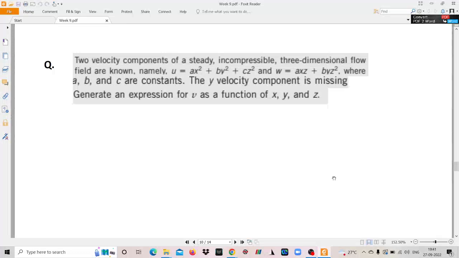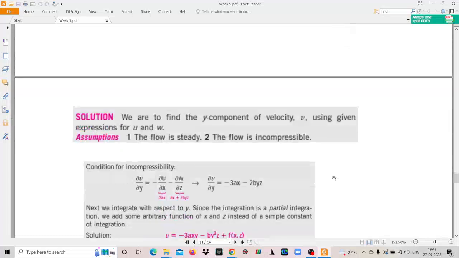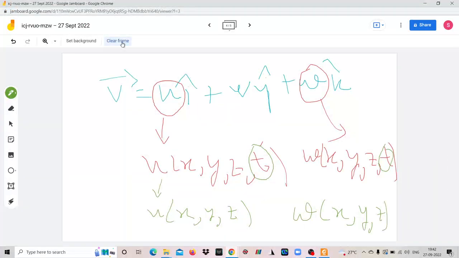Okay, let us discuss the solution. We need to obtain the y component of the velocity v using the expressions for u and w. And what are the assumptions? The assumptions given to us are that the flow is steady and the flow is incompressible. Now, what is the continuity equation for incompressible flow?